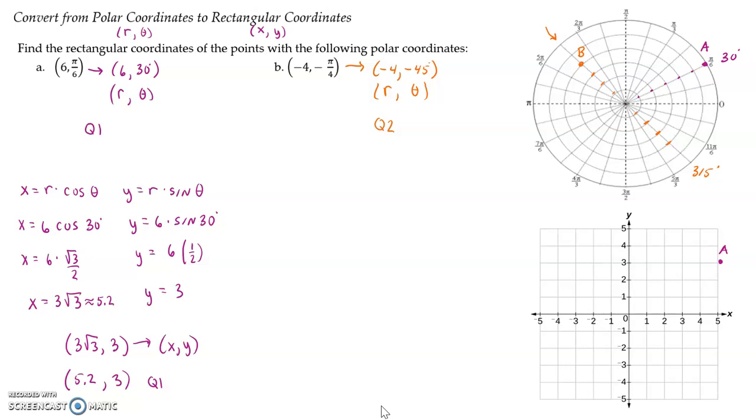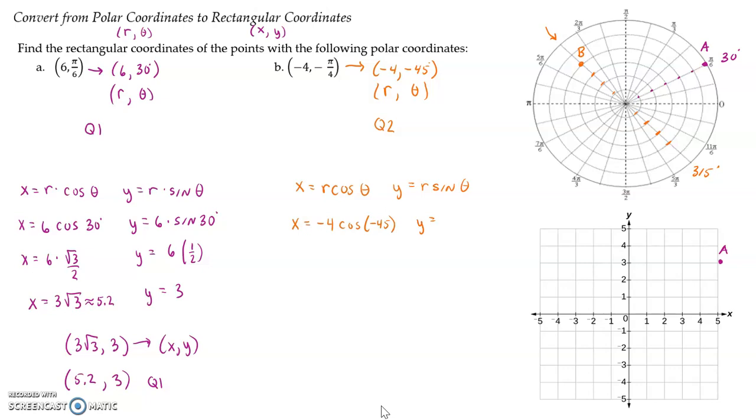Okay, so let's do our conversions. Let's get our formulas first. We've got x equals r cosine of theta, and y equals r sine of theta. Let's plug in what we have. So for our x value here, we've got negative 4 times cosine of negative 45 degrees.